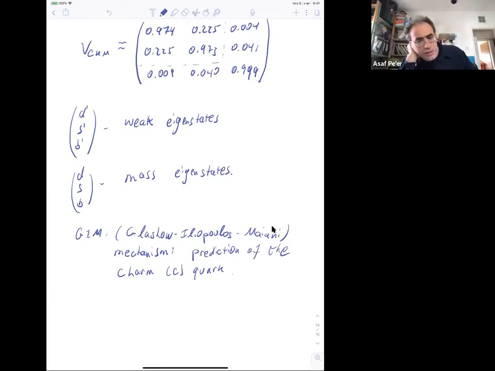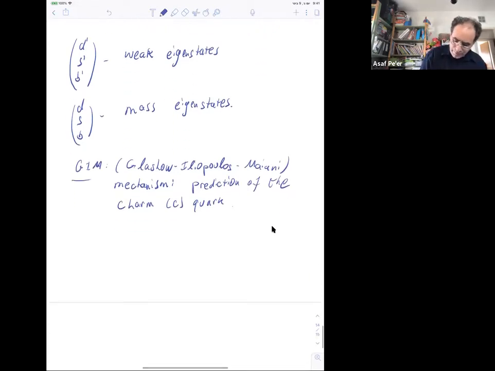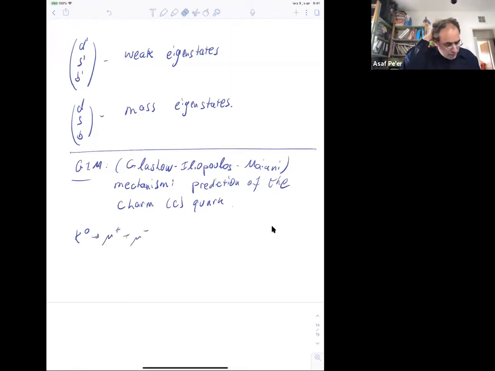What they did is they looked at the decay of the K0. So K0 decays into a pair of muon plus and muon minus. At the time that they wrote it, only the U, D, and S quarks were known.